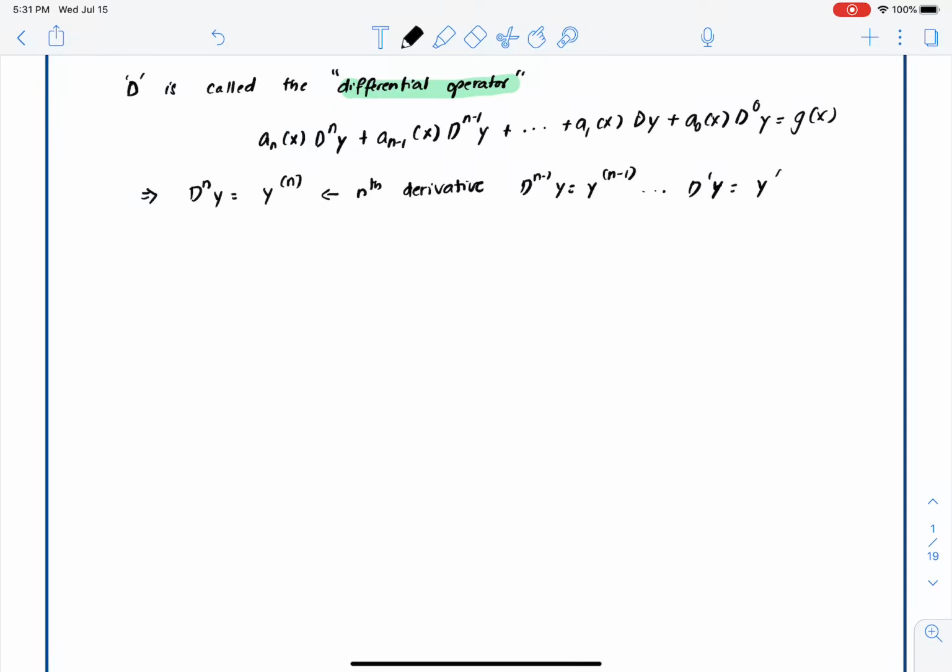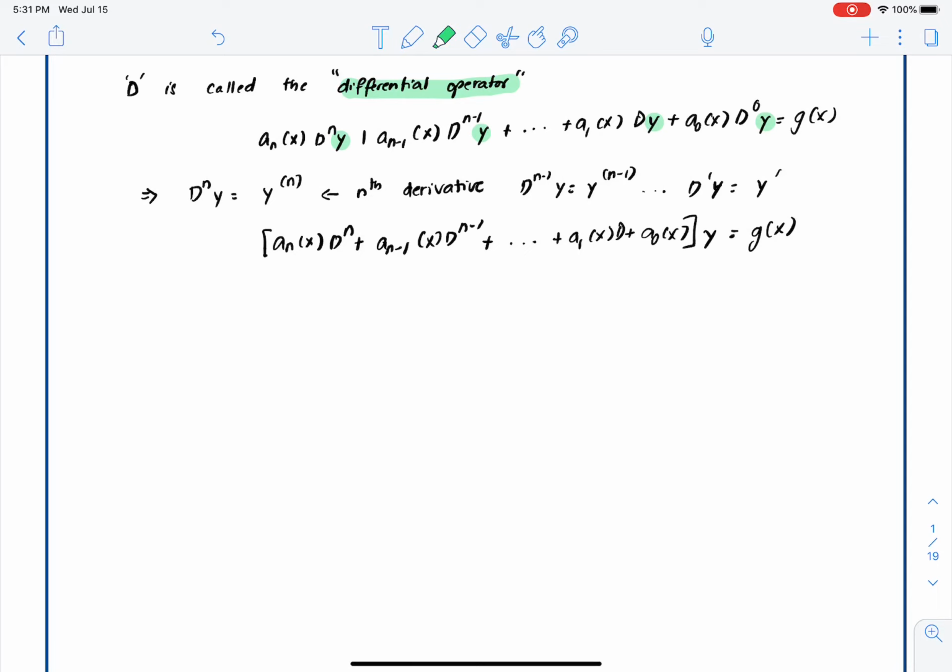So the key here is we can make use of the differential operator, and you could see that y is common in all of these terms, and we can pull that y out. So we could simply rewrite the given differential equation using the differential operators.